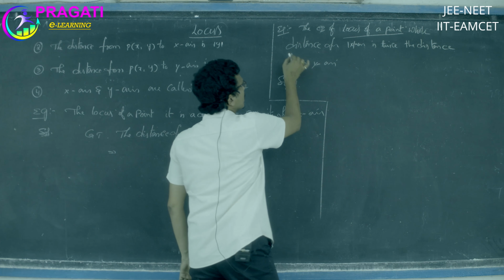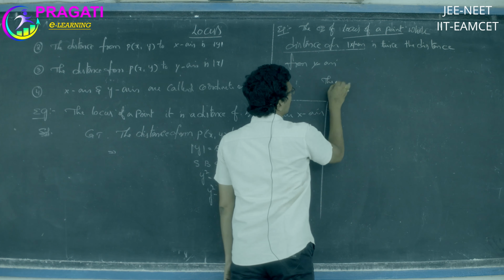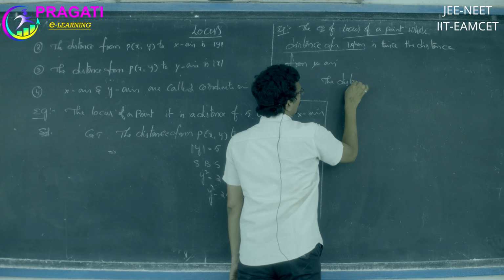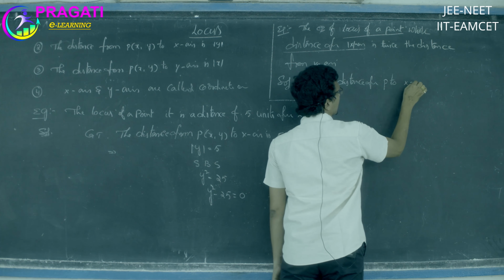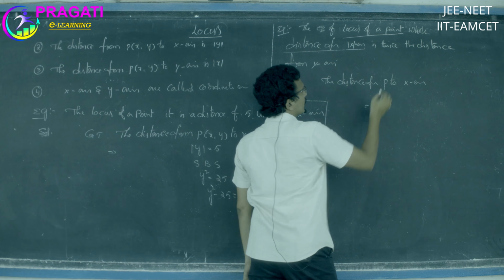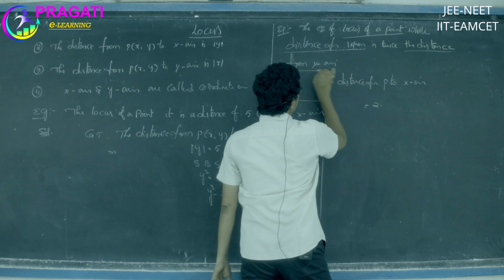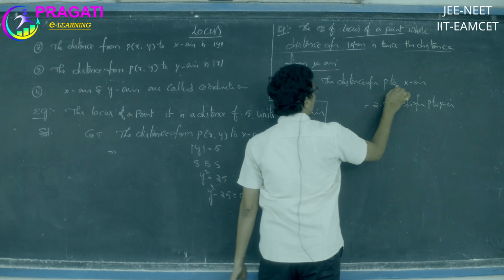P's distance from the x-axis, that means the distance from P to the x-axis, is equal to twice, 2 into the distance from the y-axis, that means the distance from P to the y-axis.